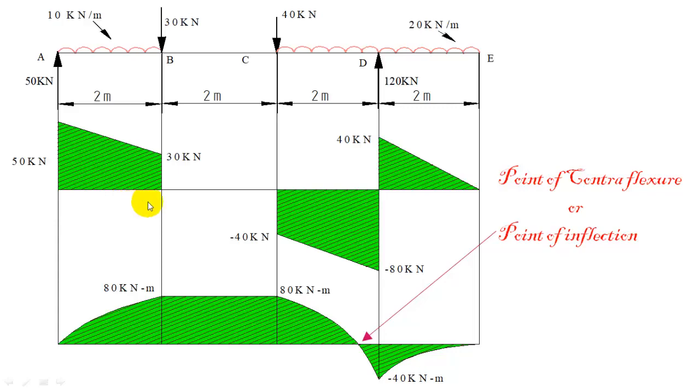Suppose you get a change of sign for the shear force in this portion, then you should draw the bending moment with a peak. So peak coming in the point where shear force is 0. So here there is no change of sign for shear force. So you should draw the bending moment curve parabolically but constantly increasing. There is no peak for this.